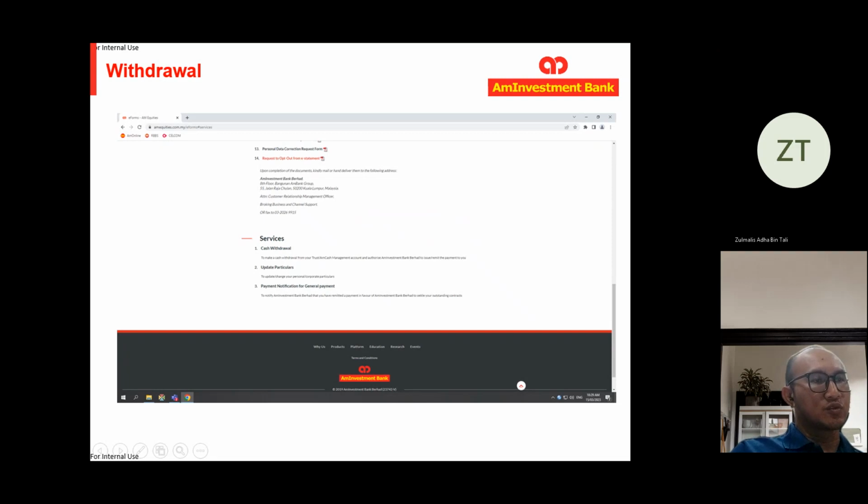If you wish to submit a cash withdrawal, you go to e-services, e-forms, and look for cash withdrawal. You key in the amount that you prefer to withdraw, and our back office will do the withdrawal for you.